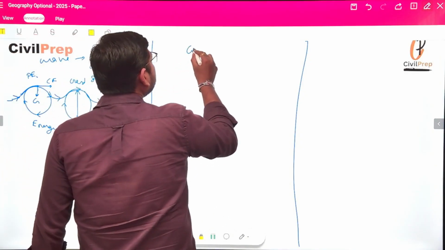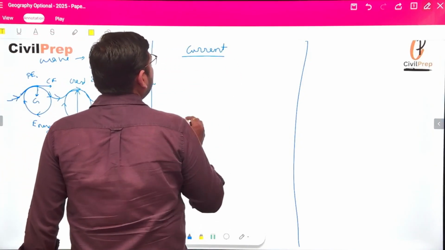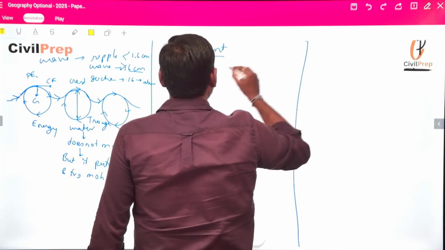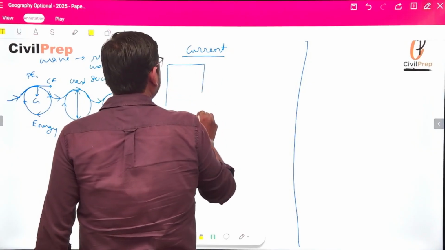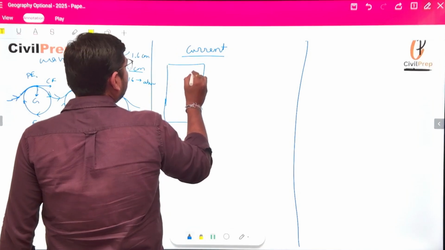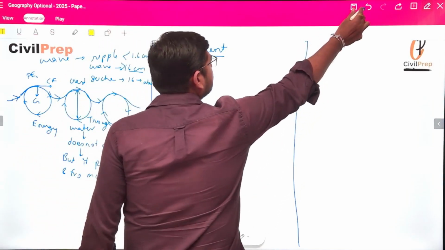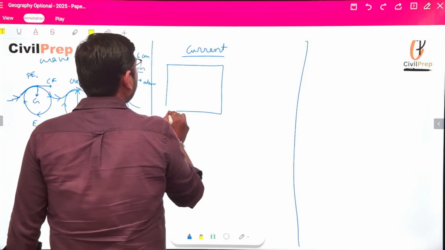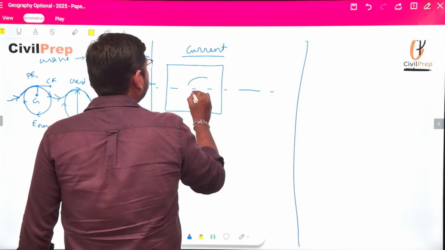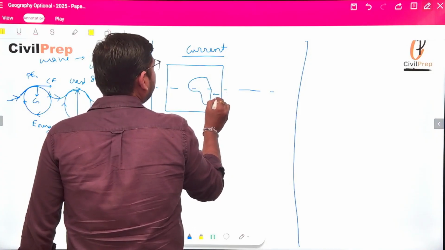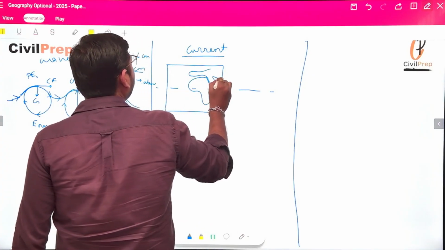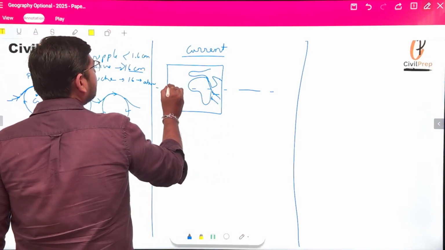When we talk about the current, for example in a tropical region, say this is the region of North America, this is the region of Africa. Here we have the presence of easterlies, and here we have South America.